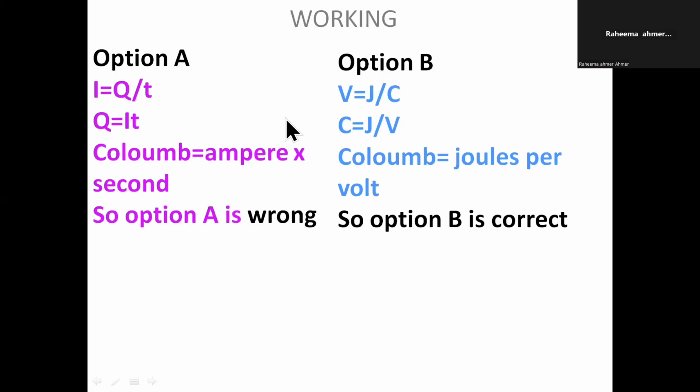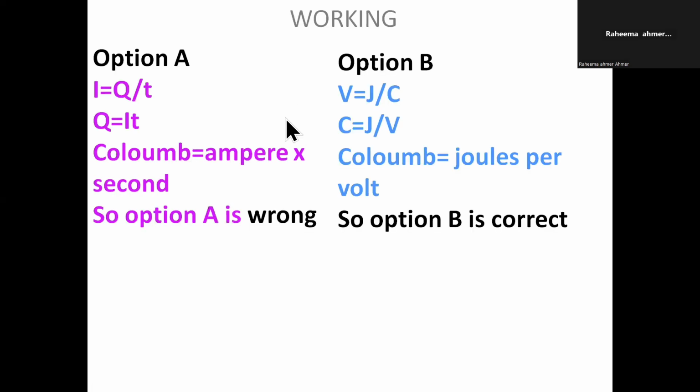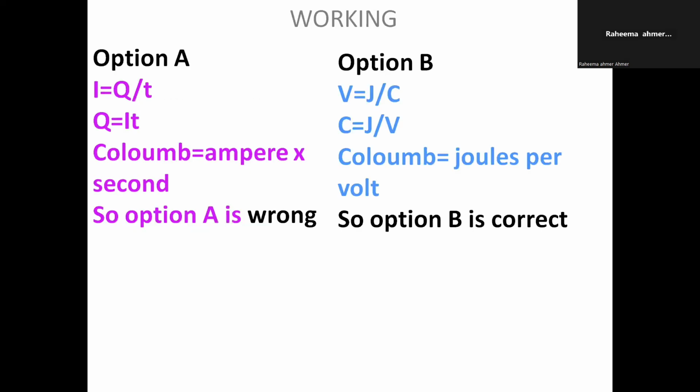For option A, it says ampere per second. As I told you before, ampere is the unit of current, and second is the unit of time. There is one equation that relates charge, time, and current, which is I equals Q upon T. As we need the units in terms of coulomb, we have to make Q, the charge, the subject.